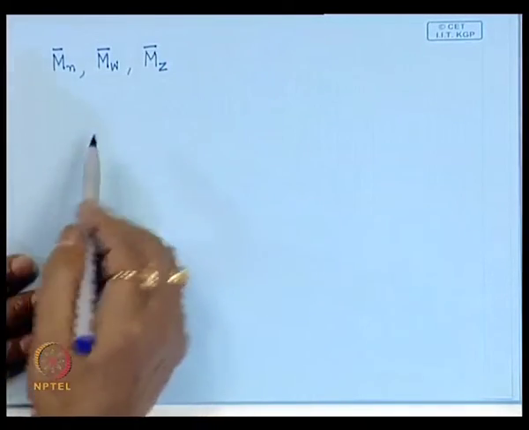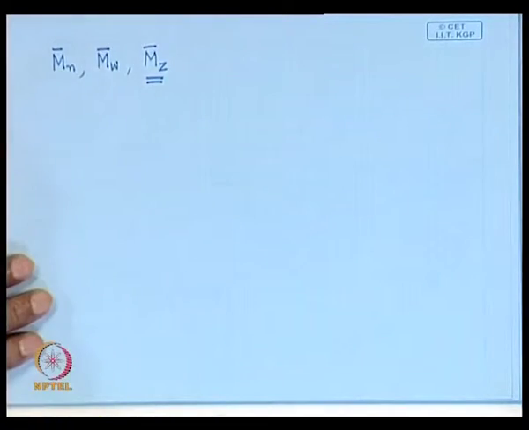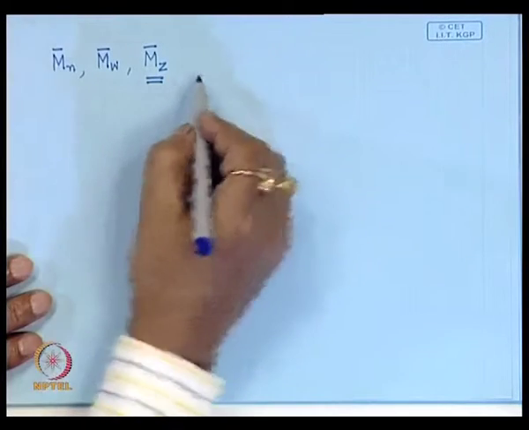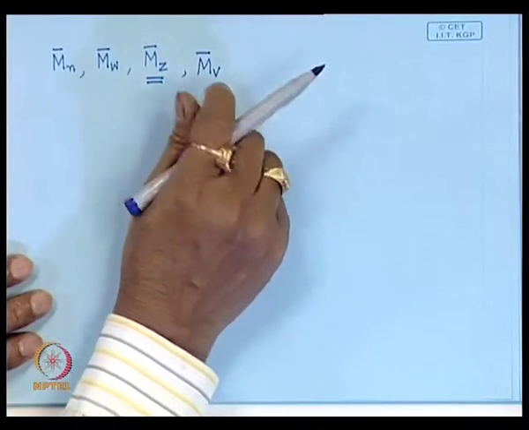Actually, in this Z average molecular weight, more weightage is given to the product Ni Mi square, because it indicates that the higher molecular weight molecules are weighted even more heavily in this case than in the case of weight average molecular weight. But we usually deal with Mn bar or Mw bar, and there is one more averaging technique, I will come to it later, Mv bar, the viscosity average molecular weight.